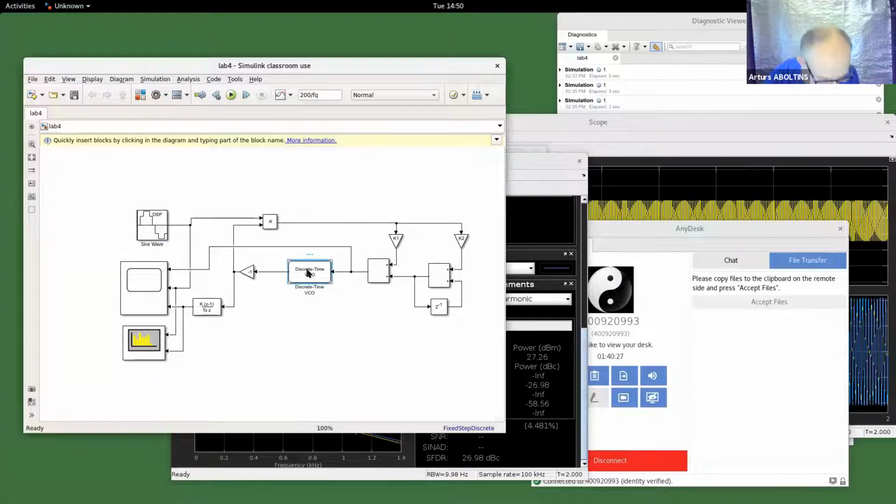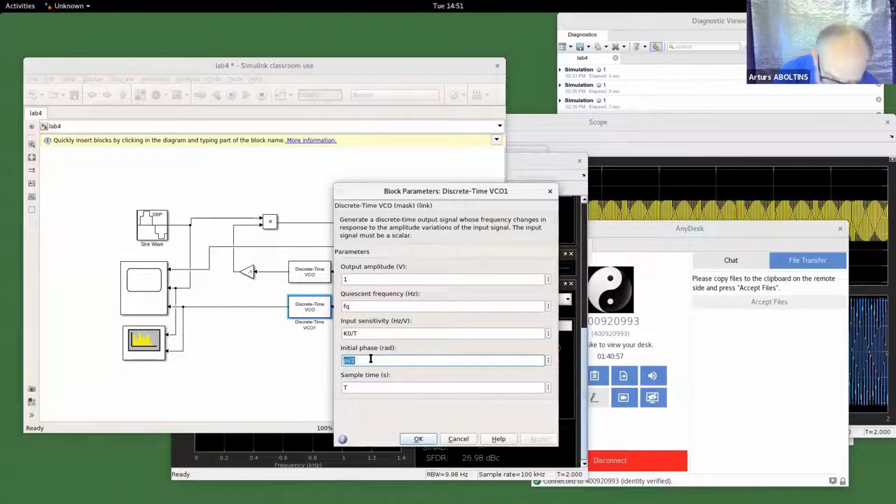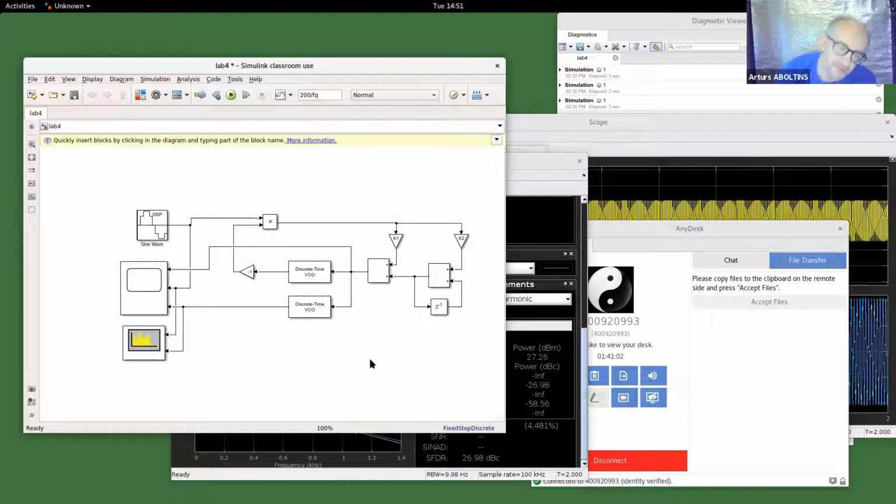We create one more VCO, and instead of this block, we work with this. But in this VCO, we do not put pi divided by 2, but put 0. That means that it will generate a clean cosine.